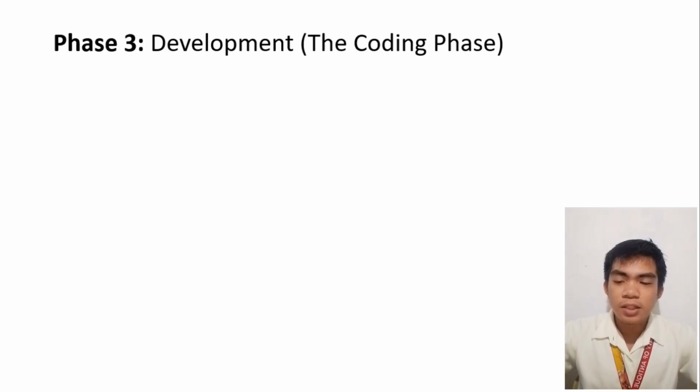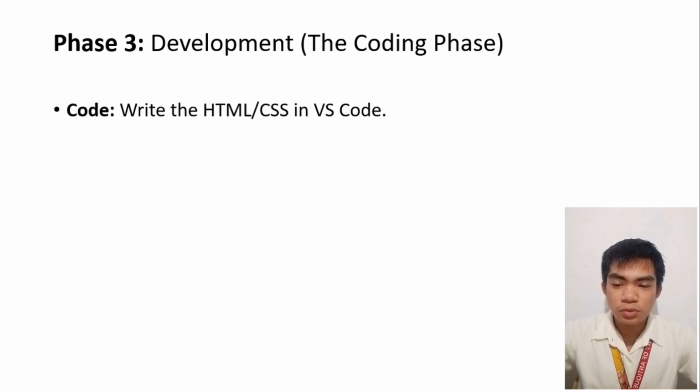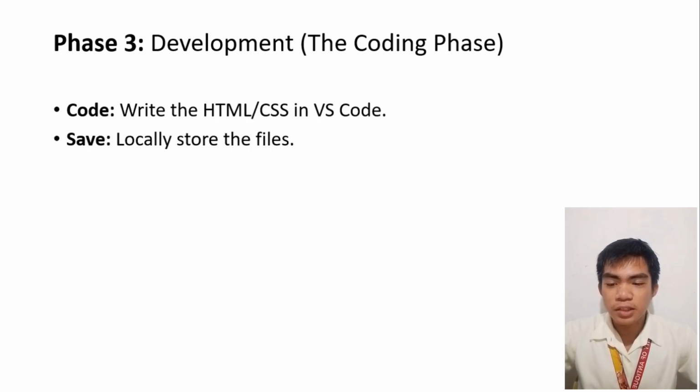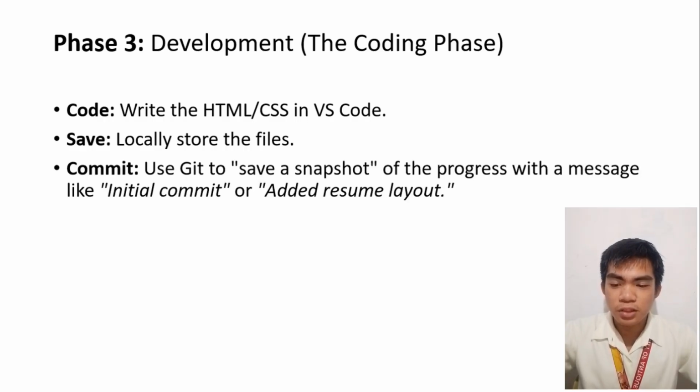Phase 3, development, the coding phase. This is where the GitHub repository comes alive. The workflow here follows a specific loop. We write the code, then we save it locally. Next, we commit it to GitHub, saving a snapshot of the progress with a message like initial commit or added resume layout.